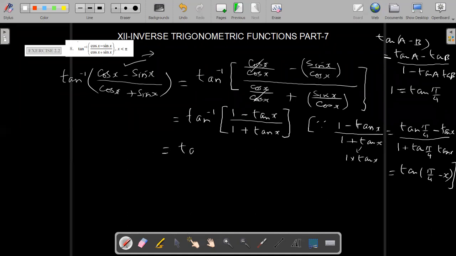Now we have tan inside the bracket, so this tan and tan inverse will cancel. We get the answer pi by 4 minus x. So like this we can solve it. Got it?